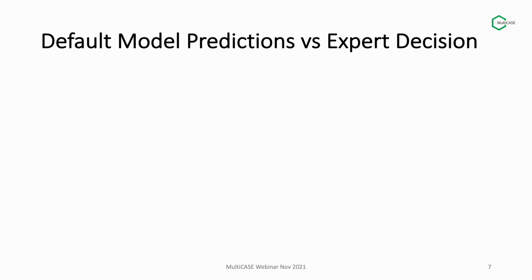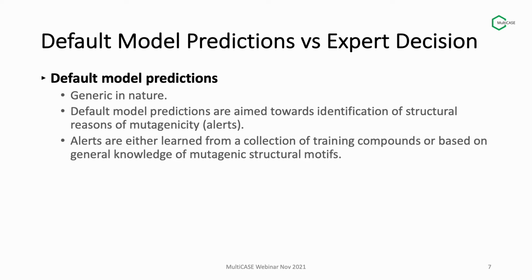Now, why do we even need expert review? Don't we have model predictions coming out of a software system? So what is the difference between default model predictions, which are raw outcomes from QSAR models, and the final expert decision? So let's talk a little bit about that. Default model predictions are generic in nature.